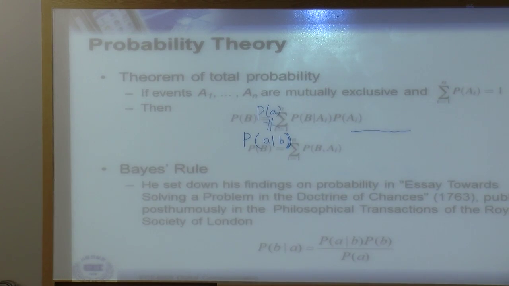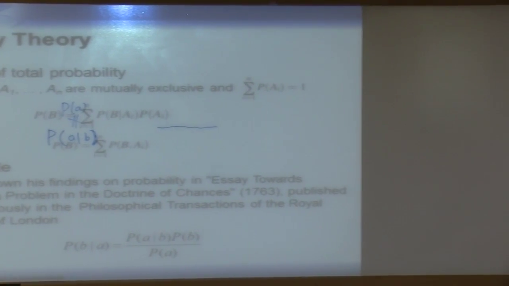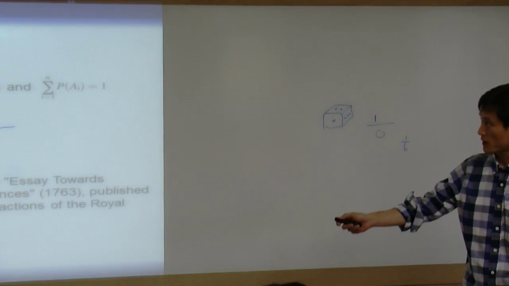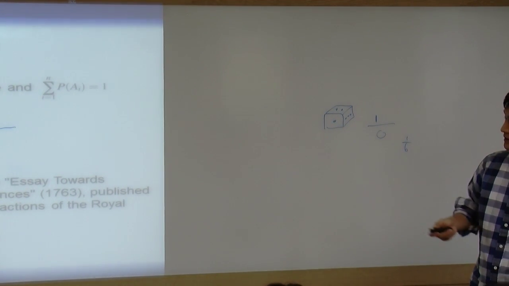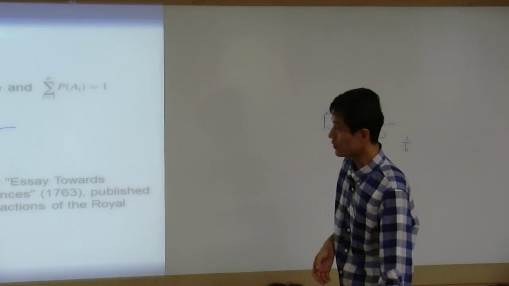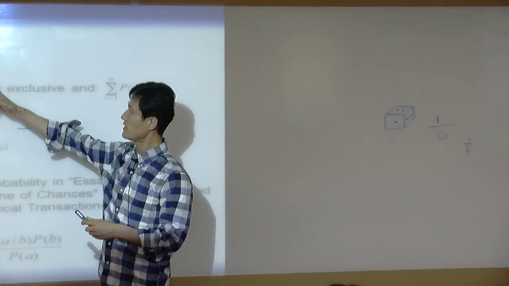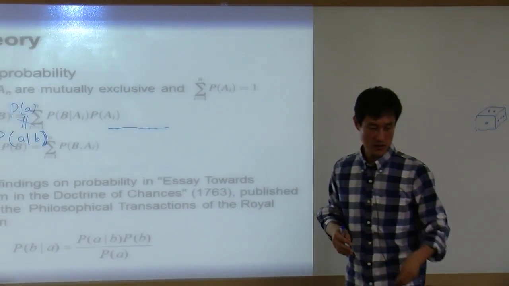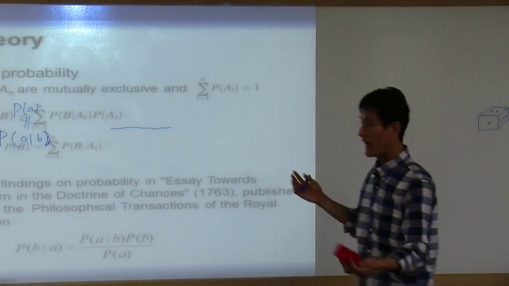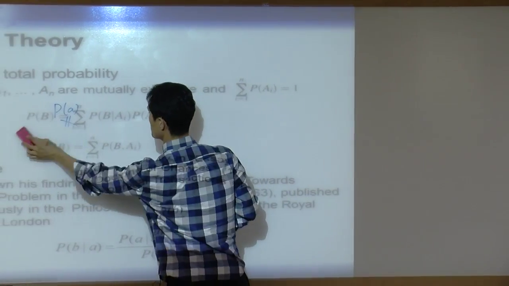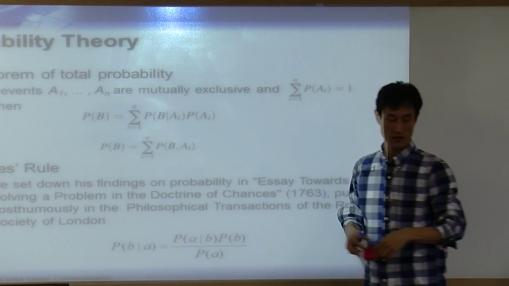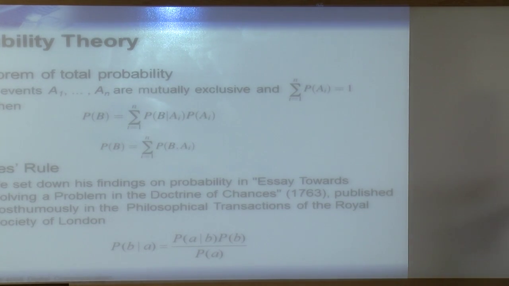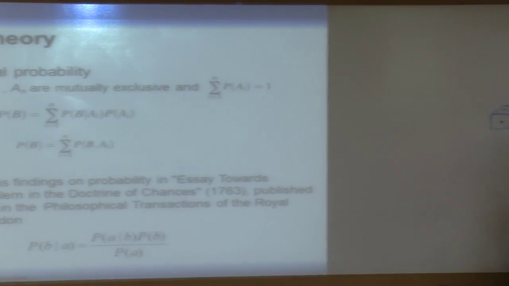For example, this one. There is a concept of total probability here. Total probability basically means that when you think about all the cases and add up all together, that is the total probability. So for example, think about the dice. We have 6 different cases.